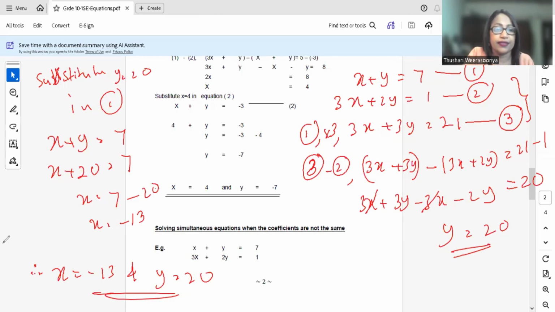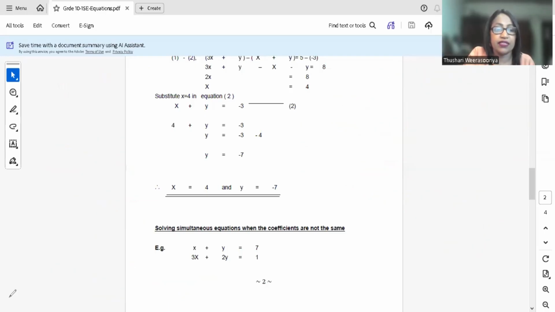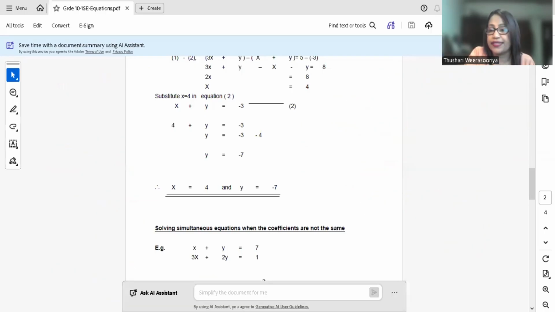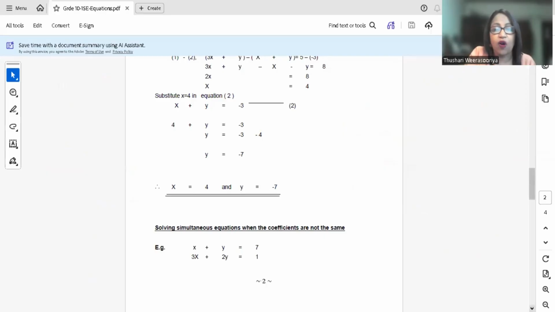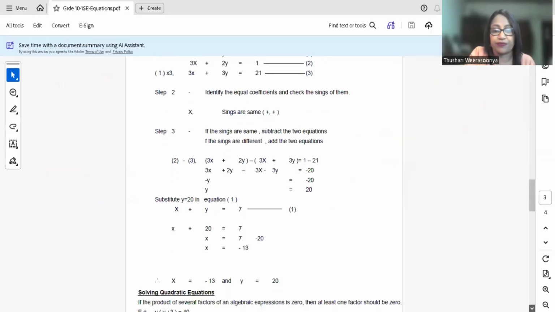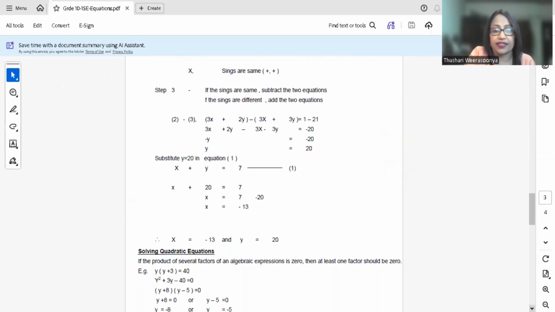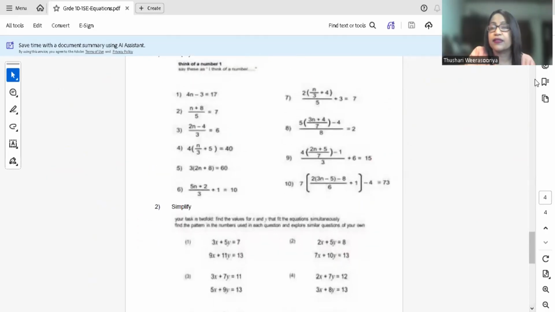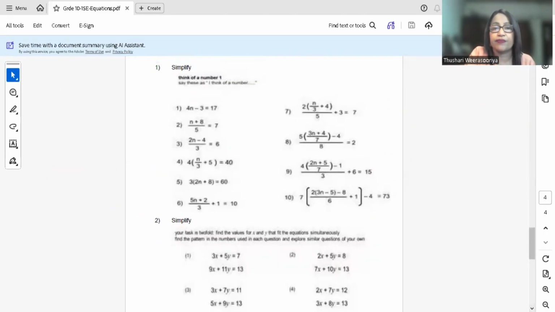third type, that is quadratic equations. Right? Today we learn 2 types, simple equations and simultaneous equations. Now we are going to learn the third type, that is quadratic equations.